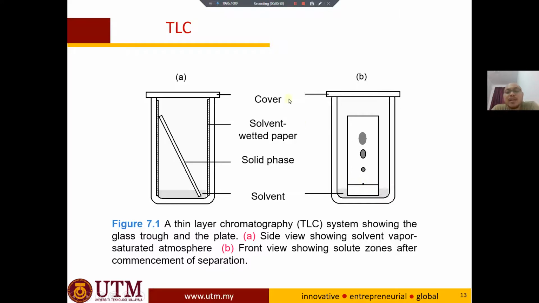So here is the front view, here is the side view. Here is the TLC plate, the stationary phase. And of course here we have the solvent, and then we need to use the cover.